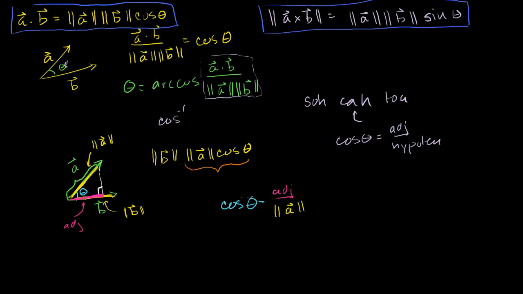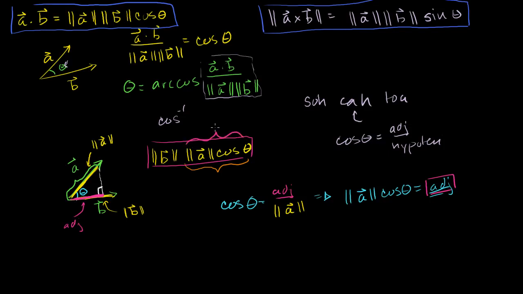And so if I multiply both sides by the length of vector A, I get the length of vector A times the cosine of theta is equal to the adjacent side. And I'll do that in magenta. So this expression right here, which was just A dot B, can be rewritten as, I just told you that the length of vector A times cosine of theta is equal to this little magenta adjacent side.